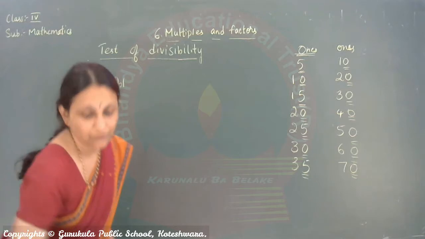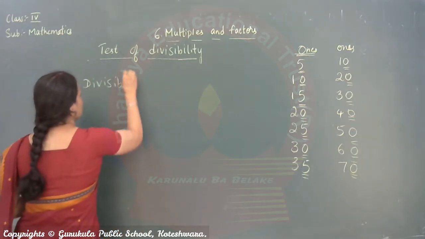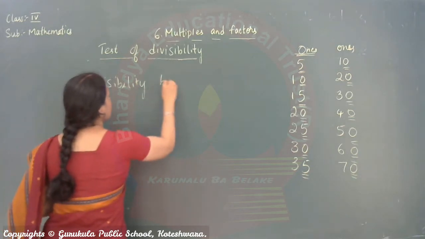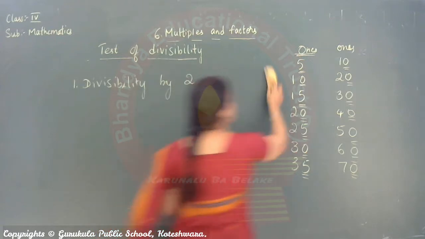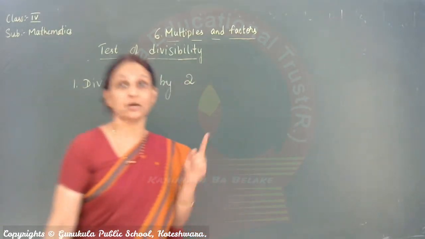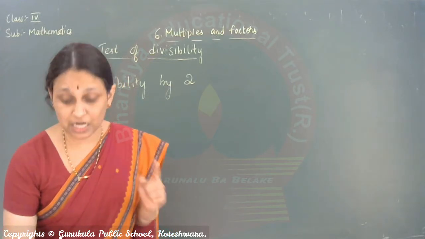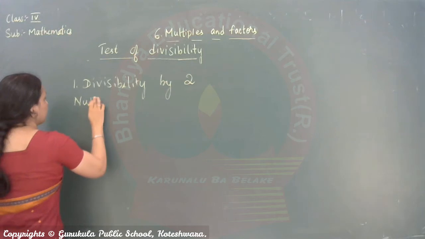First one is divisibility by 2. Okay, let us start. The questions are given there. You have to write the question and the main in the classwork neatly with the box. Okay, yes, numbers.